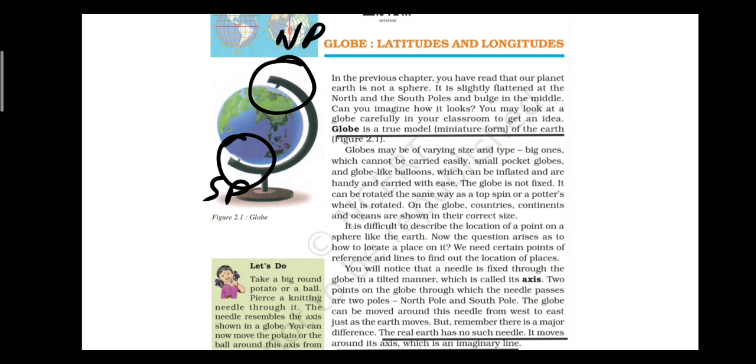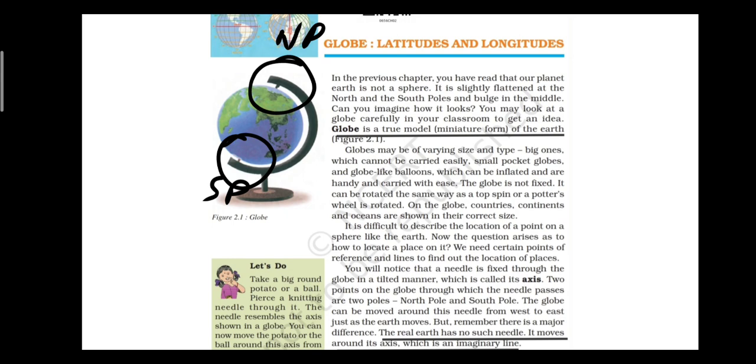So on a very big Earth, it is very difficult to mark a place or to find any location. It is very difficult because the Earth is very big in size. So if we have to find out the location of any place, we need certain reference points. So these reference points only we are going to study now.